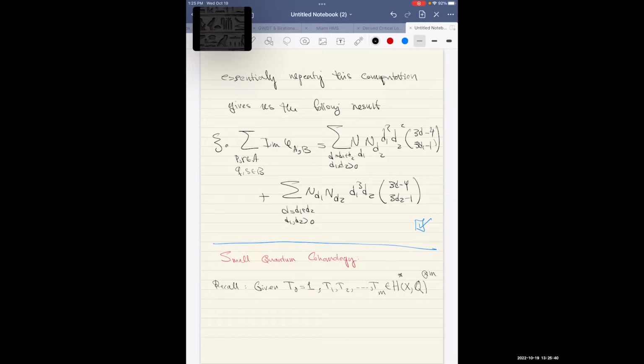If I look at it as a tuple, it would be an element of the tensor product of the cohomology of X with itself, M times. So we have some variety with a basis of its cohomology theory. Let us define this thing.